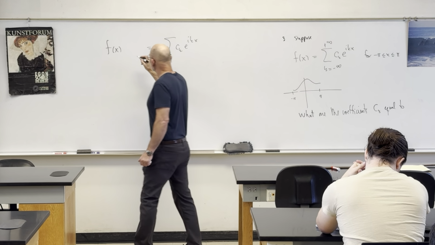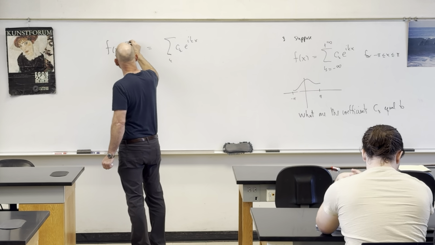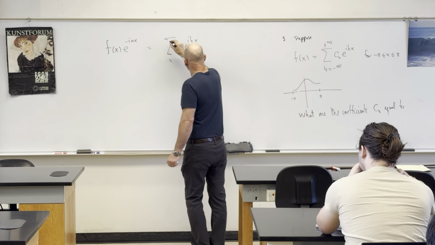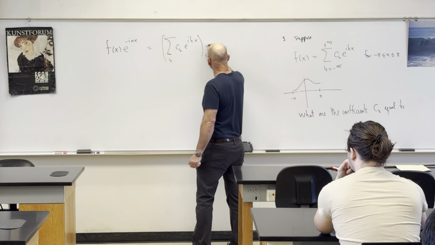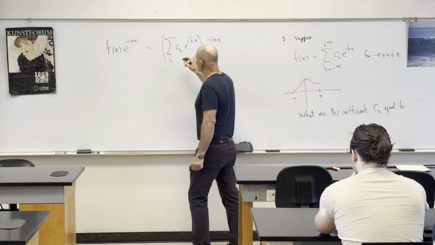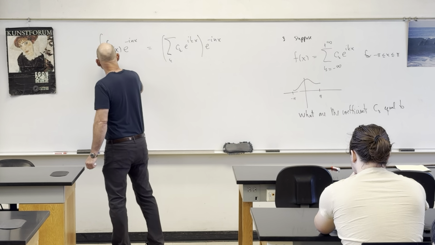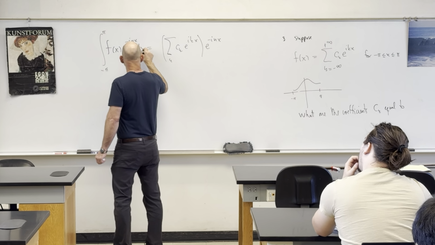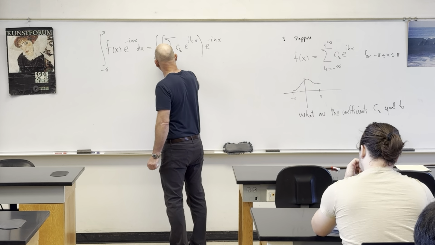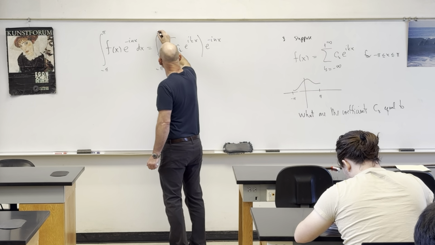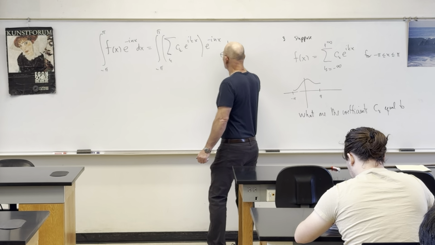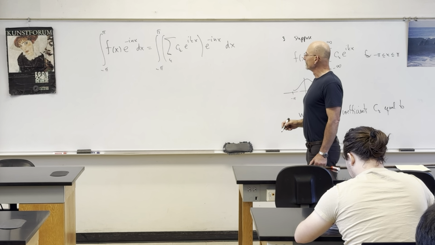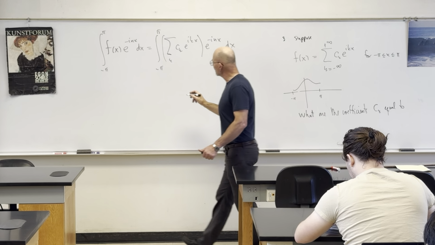And we're going to multiply it by e to the minus i n x, and integrate it from minus pi to pi over dx. So integral from minus pi to pi dx. So we have to work on the right side here.